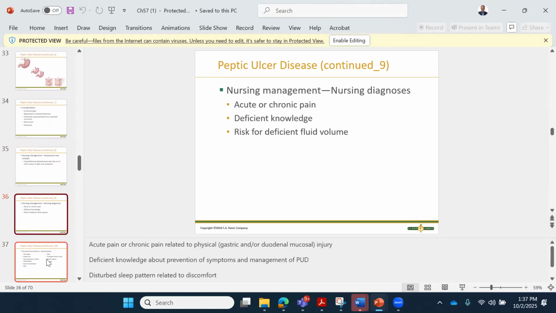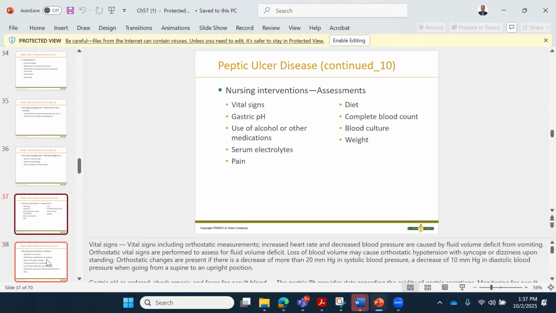But going back to peptic ulcer disease, it's important that a comprehensive physical exam is done to rule out signs and symptoms that may be associated with other conditions. And then these are some of the nursing diagnoses listed, including risk for deficient fluid volume. For nursing interventions, this is an important area. You would expect to do vital signs.